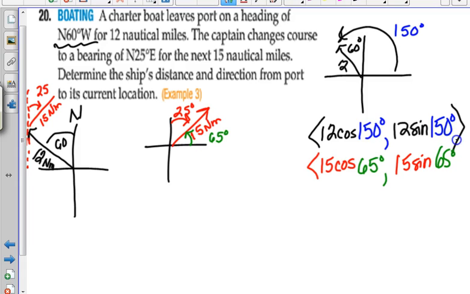Okay, so component form is my friend because now I just get to add these together, right? I have every color under the sun going on here. Okay, so we type 12 cosine of 150, make sure we're in degrees. That's going to be an issue on this quiz. I'm just warning you. 12 cosine of 150, close parenthesis, plus 15 cosine of 65, negative 4.05.